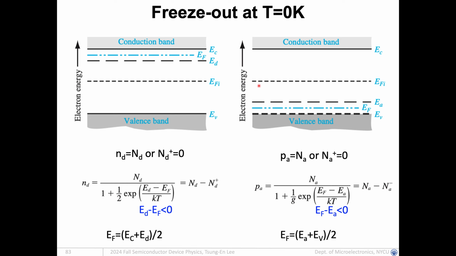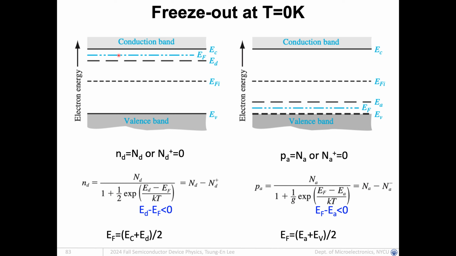So you can see that when we reduce the temperature from room temperature to 0K, the Fermi level will shift from near the intrinsic Fermi level up to close to the conduction band, which is higher than the donor level.